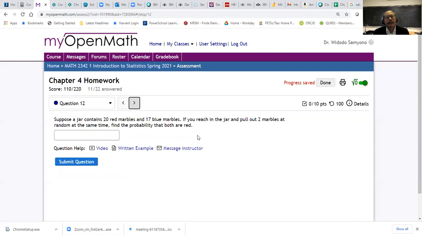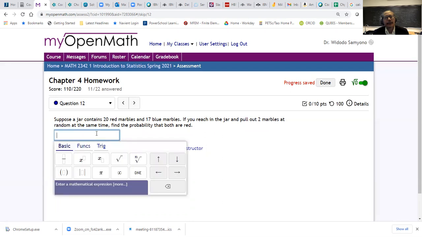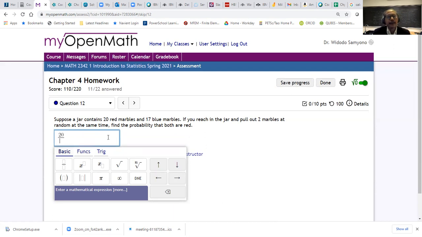Suppose a jar contains 20 red marbles and 17 blue marbles. Again, we use the multiplication rule. If you pull out two marbles at random, find the probability that both are red. How many red marbles? 20, right? If you pick the first red marble, the probability will be 20 over the total.